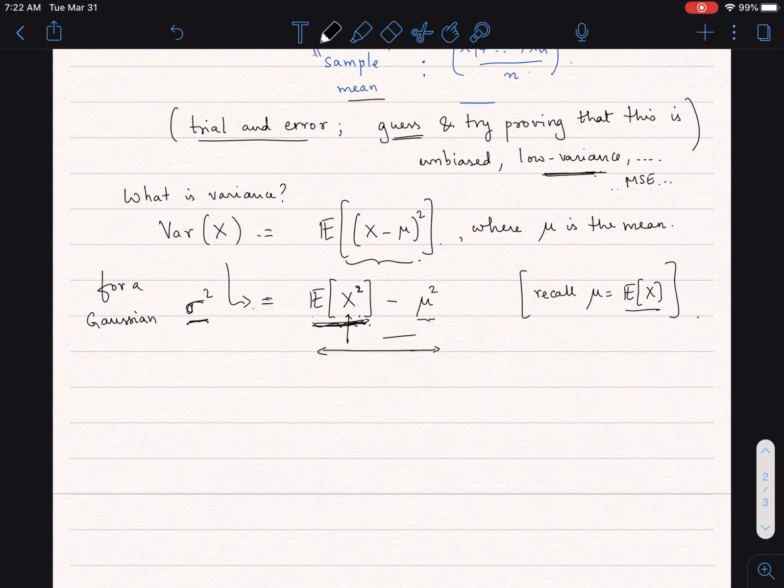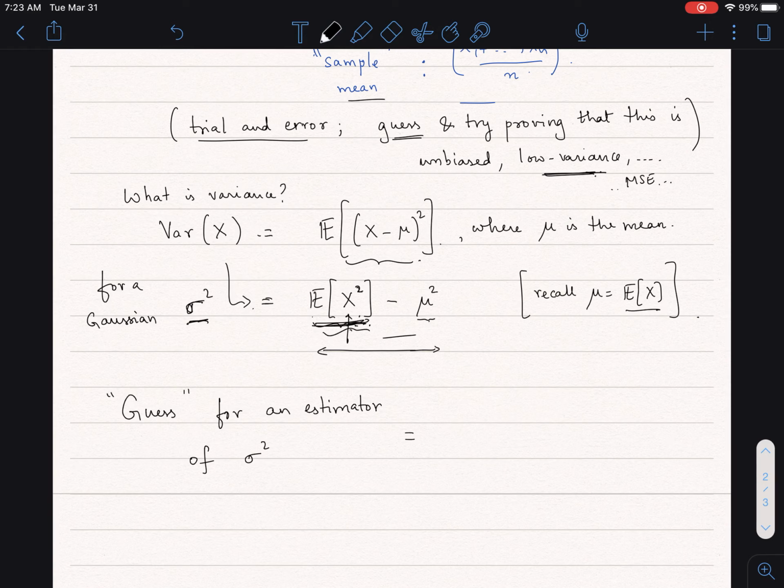So a guess for an estimator of sigma squared could be this.